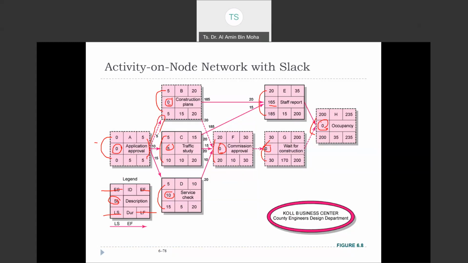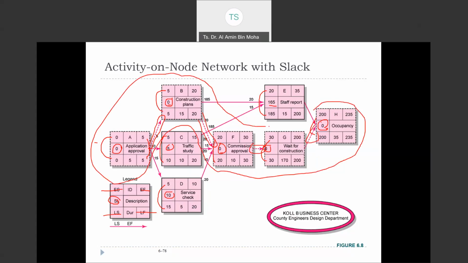So A to B to F to G to H. Those are the critical path. Hope you understand this.